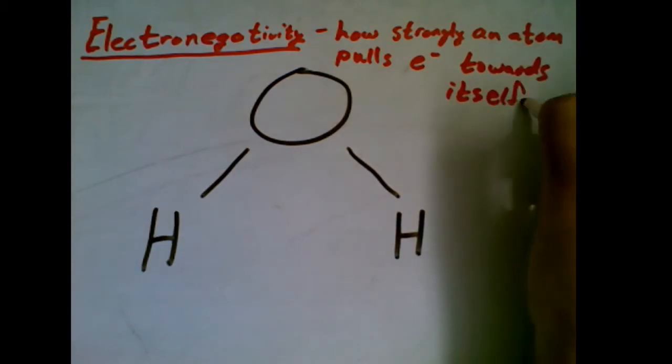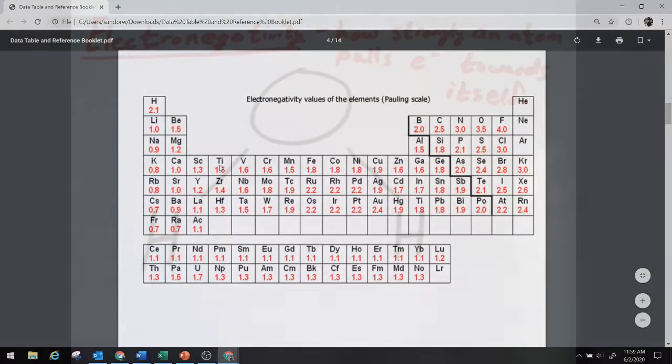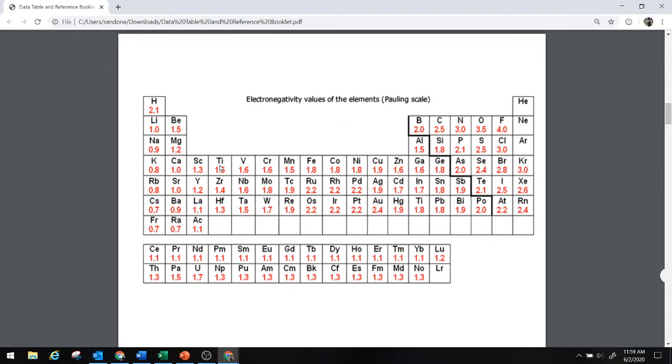Now, we actually have a table of electronegativity, and that table you can actually take a look at in order to see that every substance has its own specific electronegativity. Now, using this chart, we could take a look at the two substances in water, the two atoms.